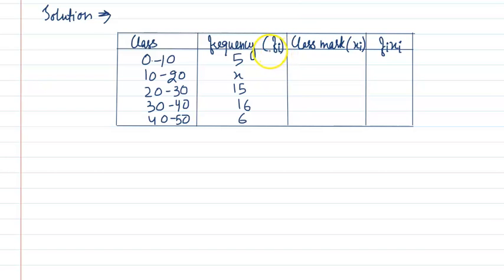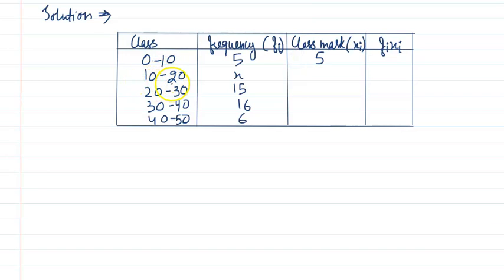So we are going to name this as Fi for some time in this question, and there is something called class mark. What is class mark? Class mark will be the mid value of the class, okay? So as you can see, there is a class interval of 0 to 10. So what will be the mid value of this class interval? It will be equal to 5, okay?